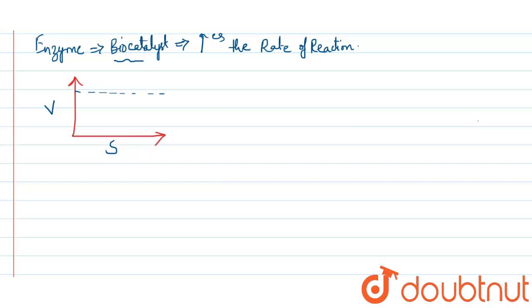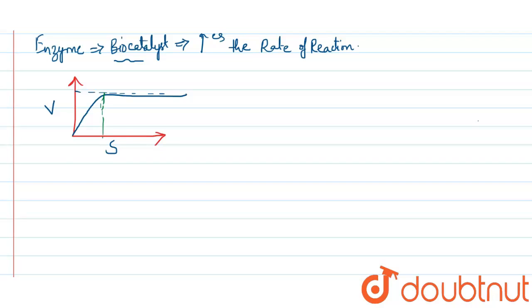So in the presence of an enzyme, the normal Vmax is attained at a lower substrate concentration, and then the reaction is stabilized because enzymes get saturated at higher substrate concentration.